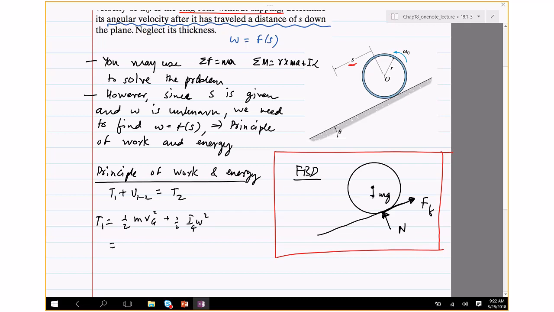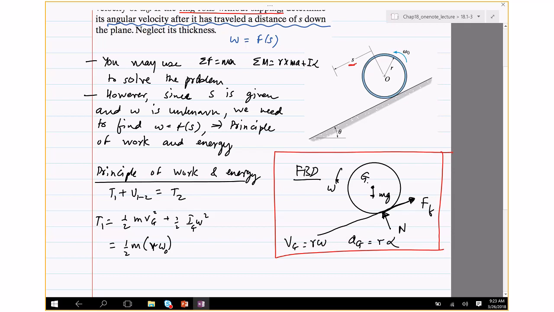So what's Vg? What's the velocity of the center of mass? It is r omega 0, right? Similarly, alpha will be... So Vg is r omega, just like Ag is r alpha, right?